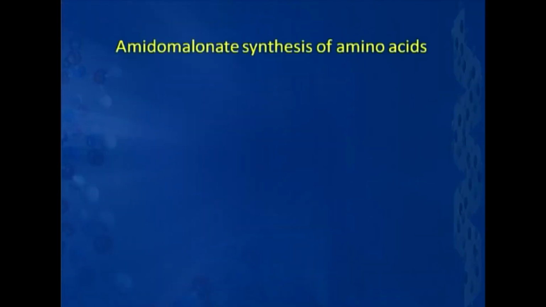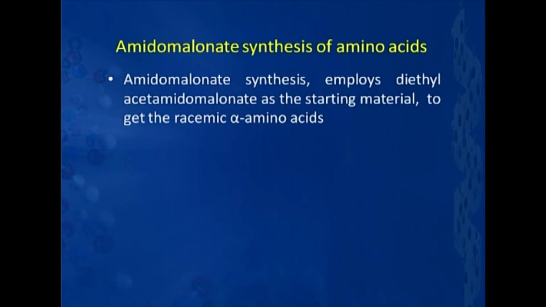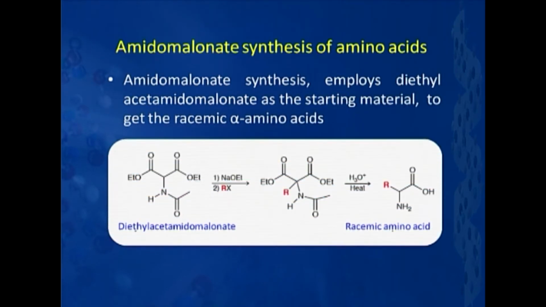Now, we can take up amido malonate synthesis of alpha amino acids. This synthesis employs diethyl acetamido malonate as the starting material to get racemic alpha amino acids. The reactions are as follows. We take this starting material, diethyl acetamido malonate, and treat it with sodium ethoxide followed by the alkyl halide.